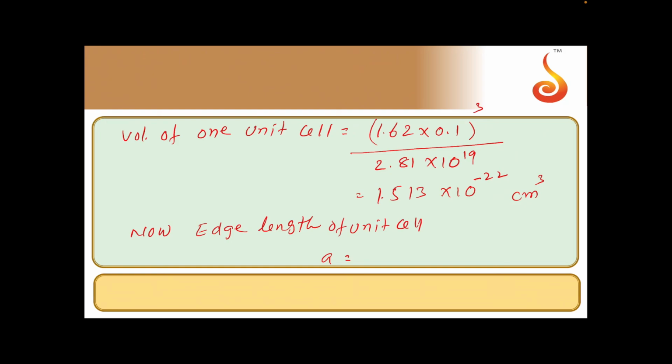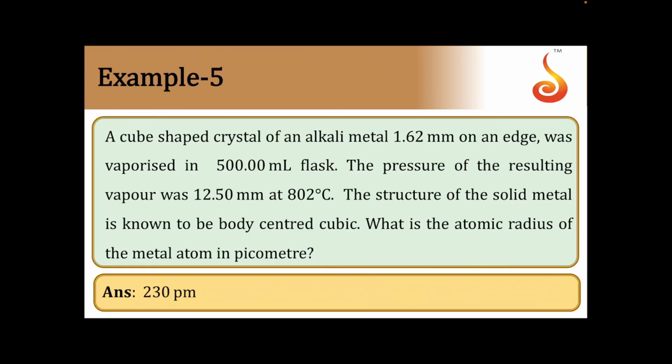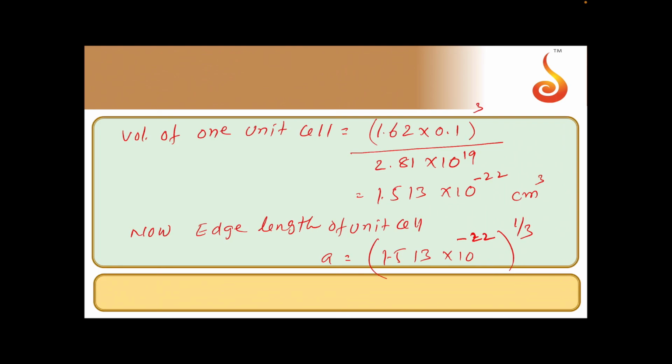So the cube root of 1.513 × 10^-22, that is, to the power of 1 by 3. On further simplification, this gives us 5.32 × 10^-8 centimeters, and this can be taken as 532 picometers.